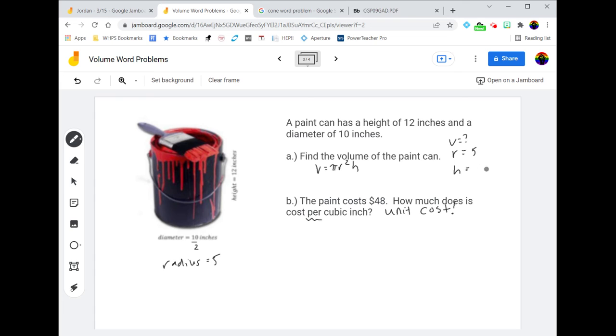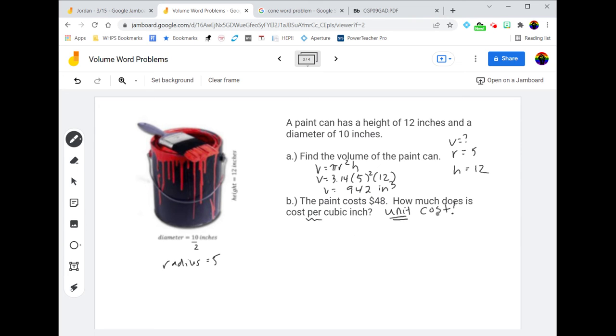And the height, we're told, is 12. So the formula we'll use is 3.14 times radius squared times height. If we plug that into our calculator, we get that the volume of the paint can is 942 inches cubed.